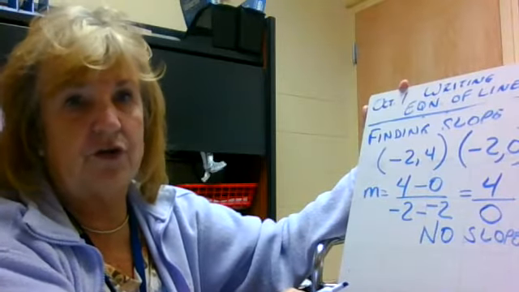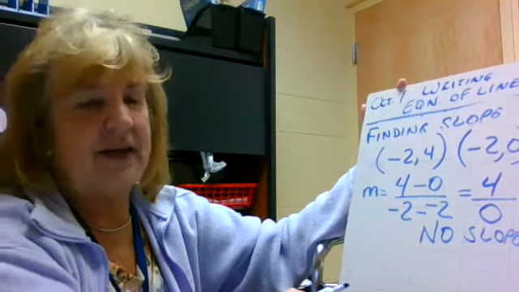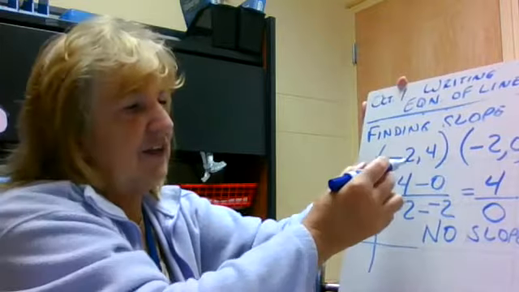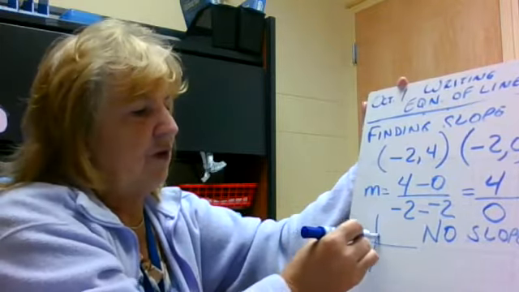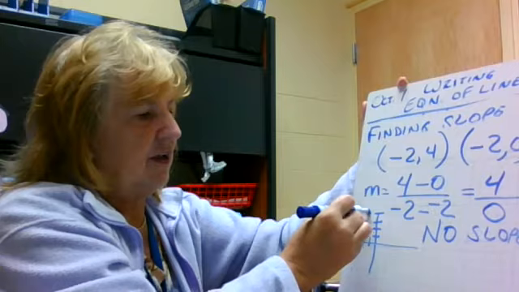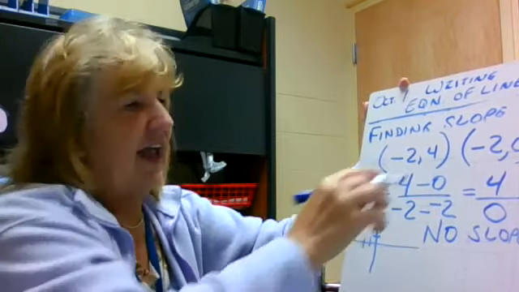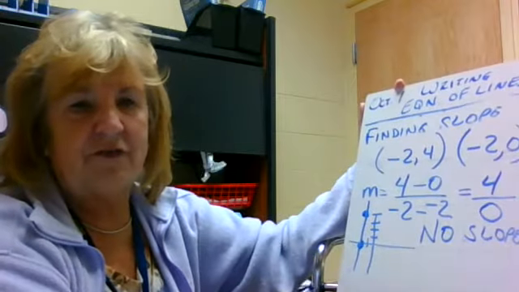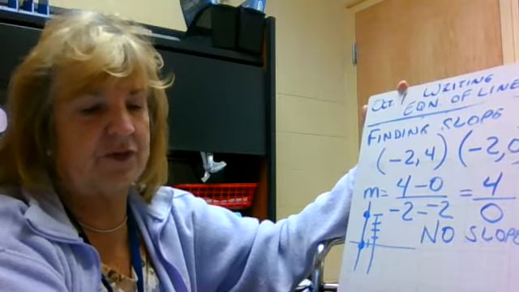We say it's a no slope. That means it should be a vertical line. Well, if I look at this point, negative 2, 4, and negative 2, 0, there it is. It's a vertical line, which is what it's supposed to be.